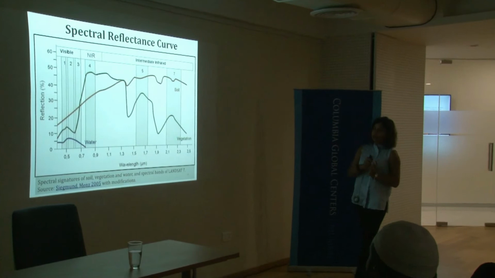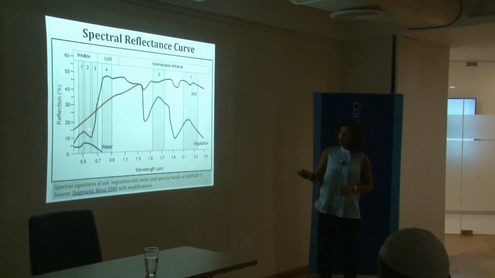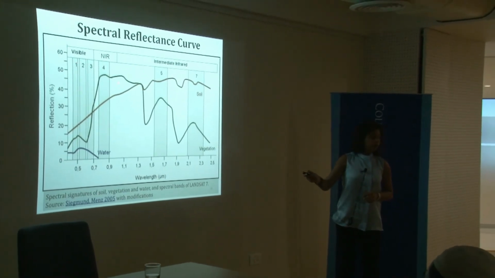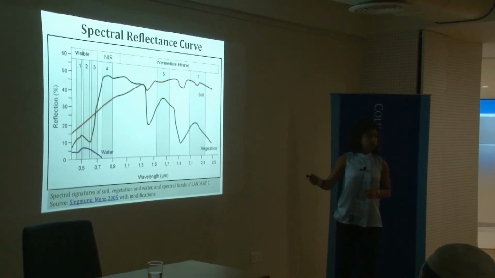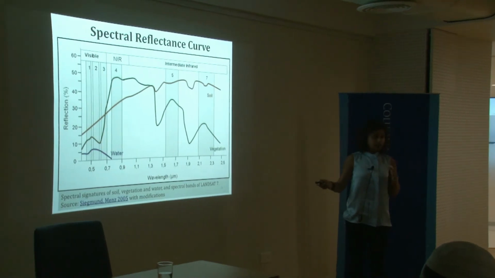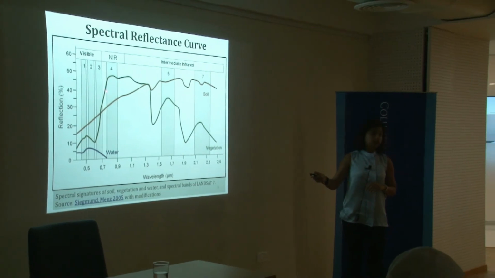So for that, I would like you to revisit the spectral reflectance curve, and focus on this vegetation curve just for these 4 bands. What you see here, there are 2 jumps. One is here, this is the green band, and that's why we see trees as green, because healthy vegetation absorbs blue and red, and reflects green and near infrared.